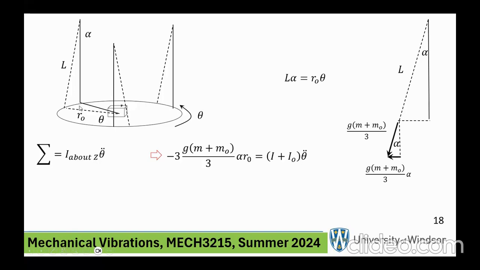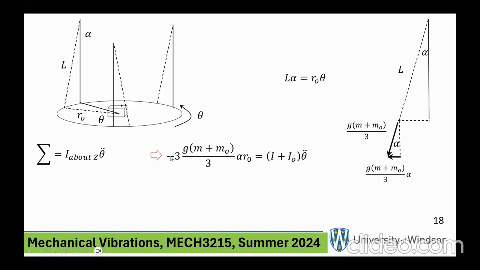So there is one over here in the plane of the disk. There's one over here in the plane of the disk, and another one over there. And there's 3 of them. Okay, 3 of them. So you take the moments about that. The moment arm is R0 in each case. Okay, the moment arm is R0, and multiply it by this fellow.